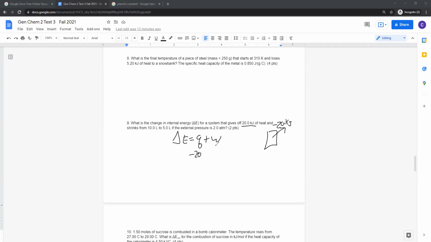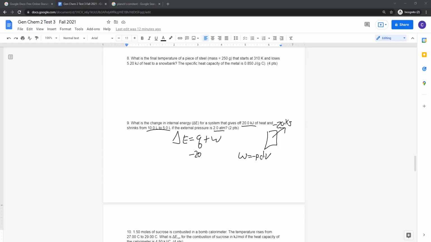Now we have to figure out work. Here, we're doing pressure volume work. And so our equation is whenever you see a volume change under a pressure, work equals minus P delta V, dV.